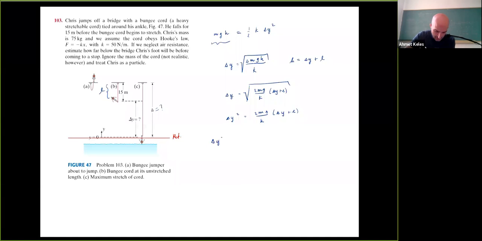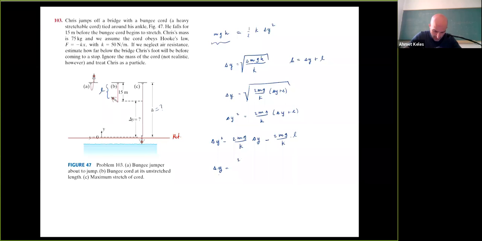So delta y squared minus 2mg over k delta y minus 2mg over k times L equals zero. I was thinking if there was a way to get rid of this quadratic form. And how do I solve this quadratic equation? So delta y is equal to, does anybody know? How do we solve quadratic equations? Yes.